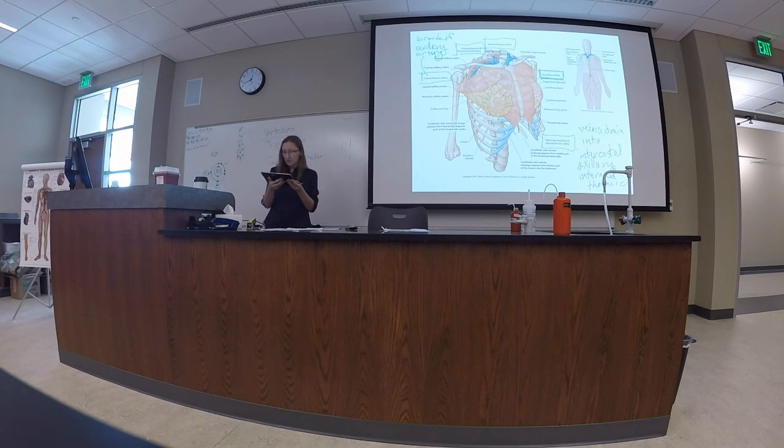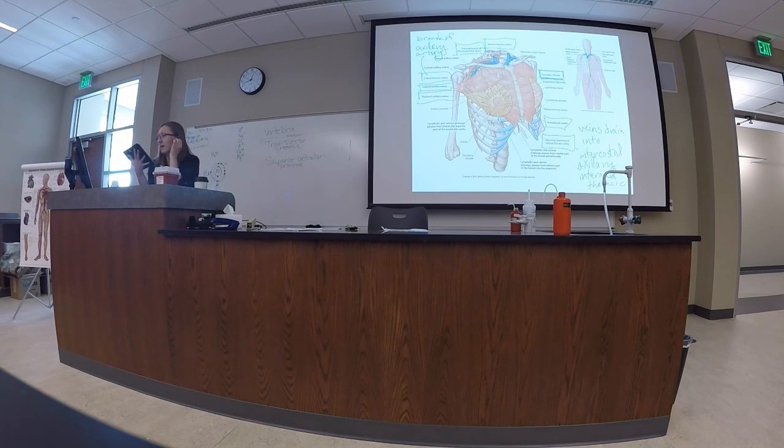Okay. We also have lymph drainage. The lymph vessels that drain the breast usually go to the pectoral axillary nodes or the lateral axillary nodes. Some of them go to the parasternal nodes as well.